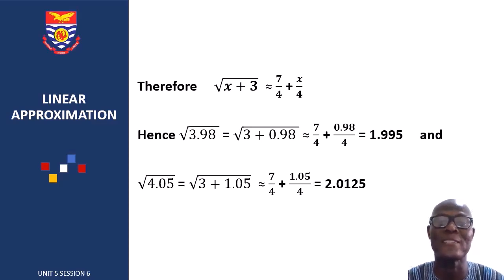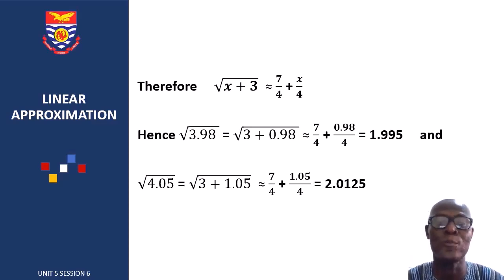So if x + 3 is equated to 3.98 and solving for x, x gives 0.98. And wherever there is x, we replace it with 0.98, which gives 7/4 + 0.98/4. And since the denominators are the same, we add the numerators. That gives 7.98 divided by 4, and it is 1.995.